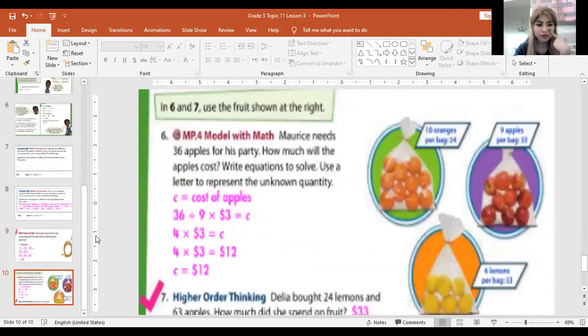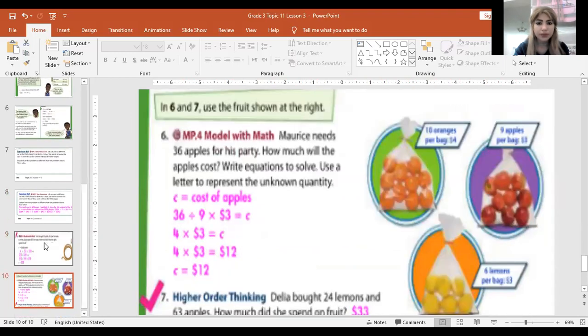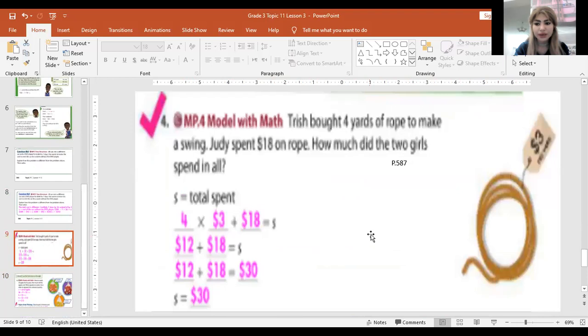Okay, and my lovely girls, here in this equation: Trish bought 4 yards of rope to make a swing. Judy spent $18 on rope. How much did the two girls spend in all? So I have the 4 yards first, multiplied by the cost of the rope.